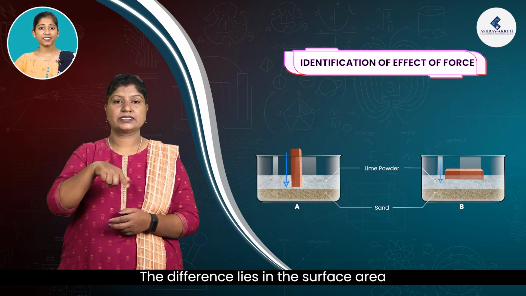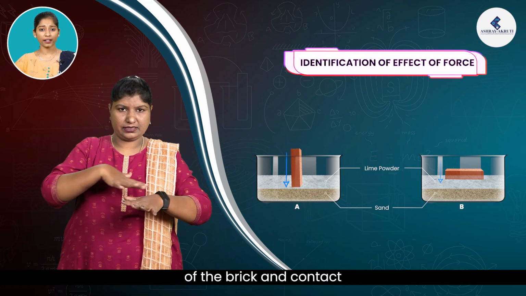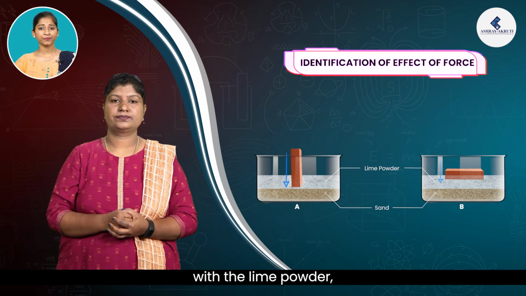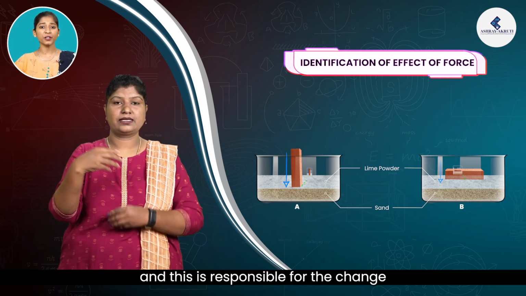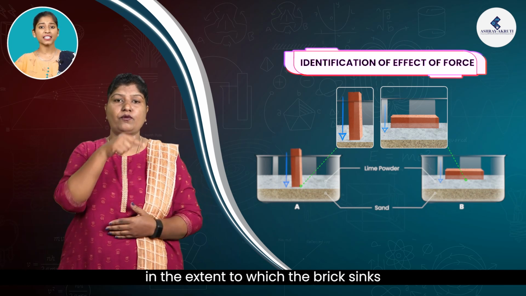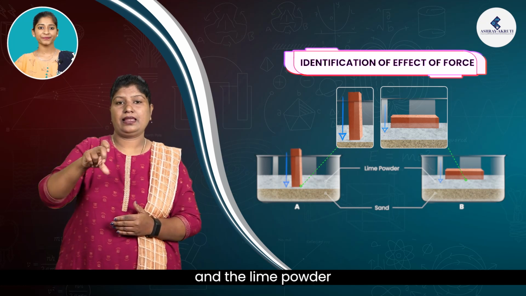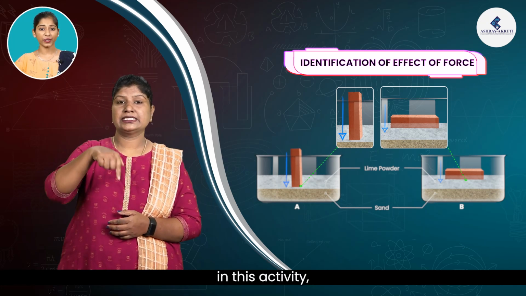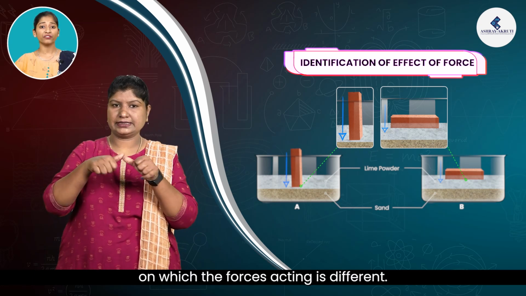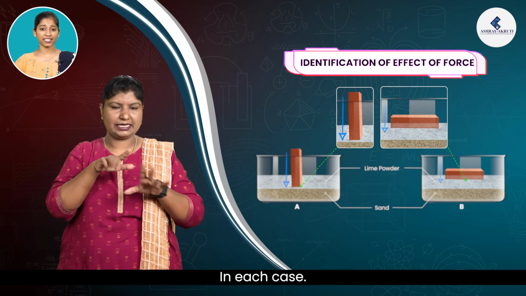The difference lies in the surface area of the brick in contact with the lime powder, and this is responsible for the change in the extent to which the brick sinks in the lime powder. In this activity, the contact area on which the force is acting is different in each case.